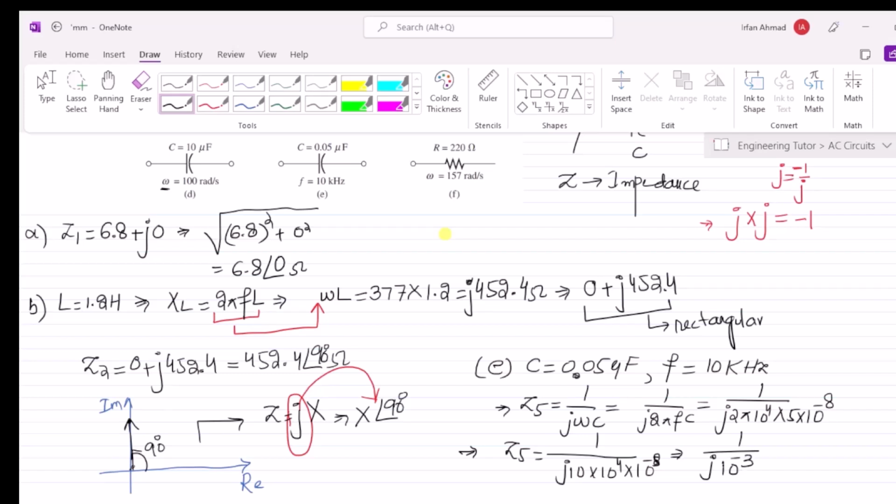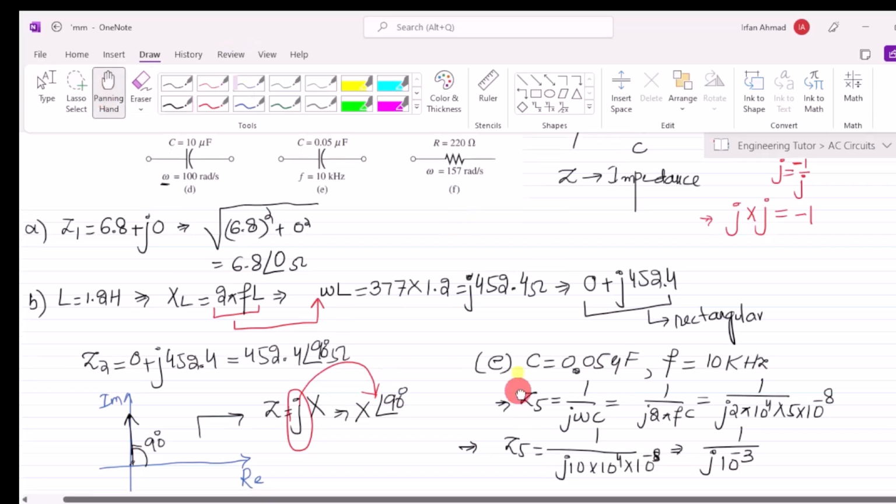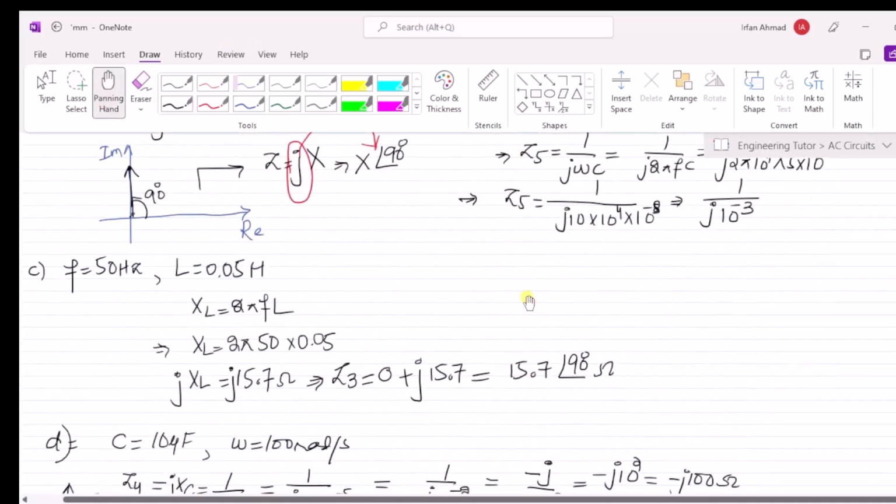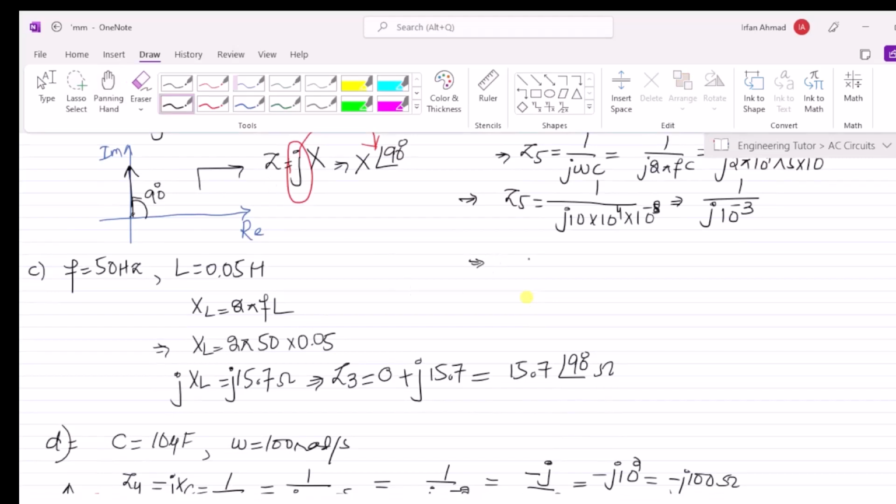Now let me solve it, and by solving it, I will get minus j 10 to the power plus 3. So that would be Z5 equal to minus j 1000.